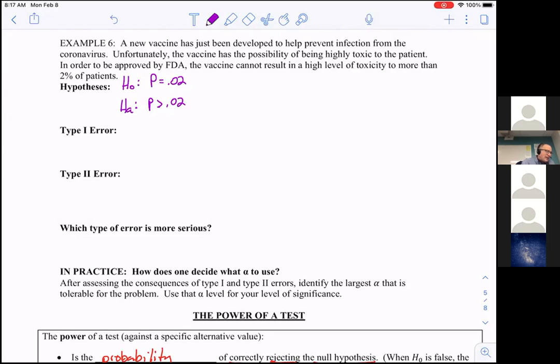Now that we've introduced a p, a population proportion, we have to describe what that is. p is the true proportion of patients experiencing toxicity when taking the vaccine.